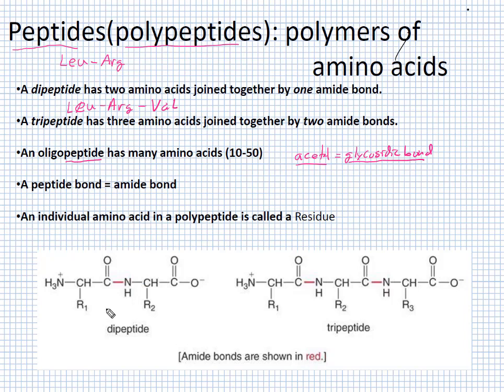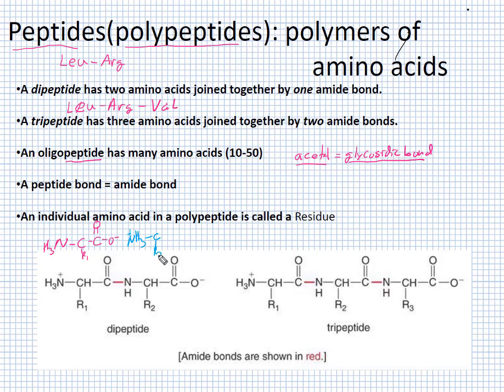So here we see a dipeptide, we have residue 1. Let's do something like this. So we have an amino acid, alpha carbon, its R group, and its amino group. What we have is the carboxy terminus, I should say, the carboxylate of one amino acid reacting with the ammonium part, or the amine part, of a second amino acid.